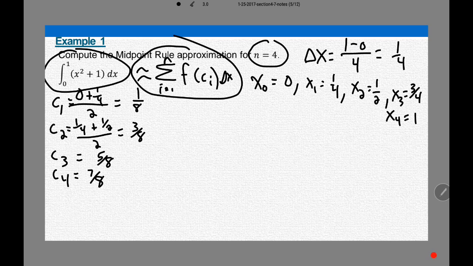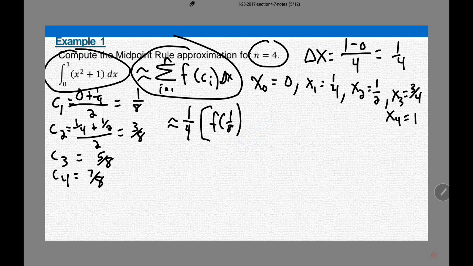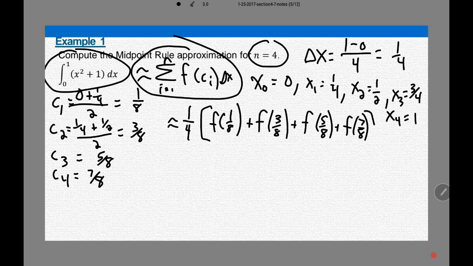So our integral is going to be approximately our delta x, which we can pull out front, times f at 1/8 plus the function at 3/8, and so on. So our integral is approximately equal to 1/4 times my function at these 4 points.